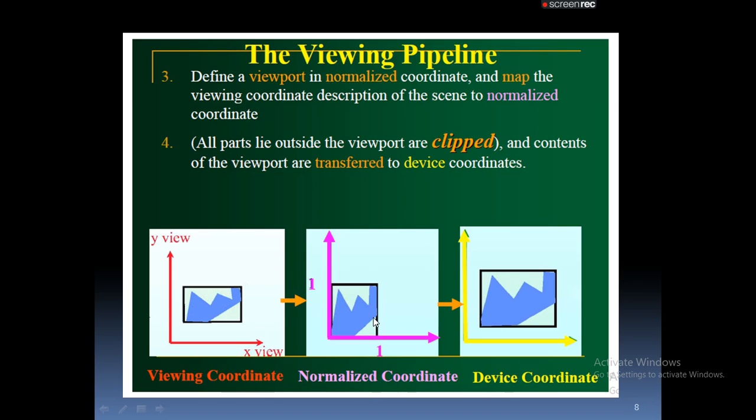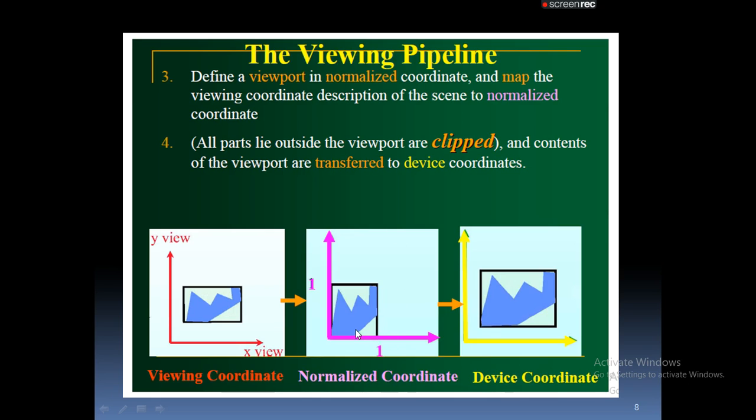Either the size is increased or decreased, but whatever part of the object exists in the clipping window has to exist within the normalization coordinates. Now, with respect to step 3, we mapped viewing coordinates to normalization coordinates.